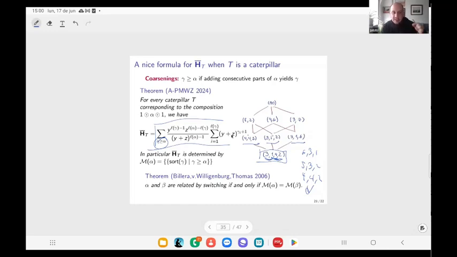They show that two compositions have the same multiset if and only if they are related by switching. So basically, our theorem says, we know that this polynomial comes from this multiset, and we know a classification of this multiset. So this is the proof of our theorem.